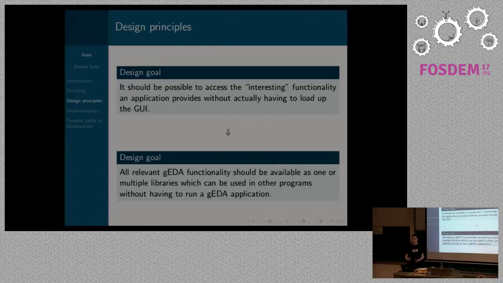But if you have this, you could also have just made the functionality of the application a library and invoke a scripting interpreter which then runs the script using the library. So you could restate this idea to have the functionality of gEDA available as one or multiple libraries, which can then be used by other programs without having to spawn another process.